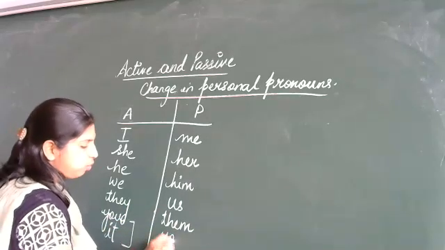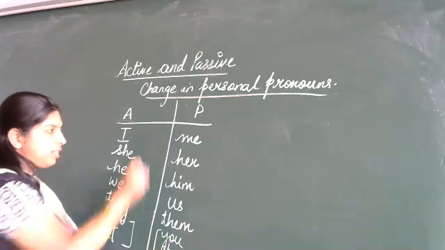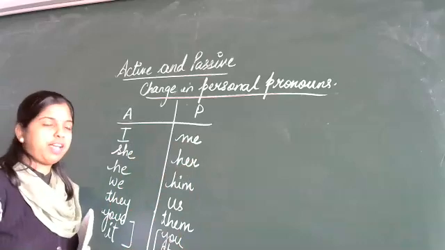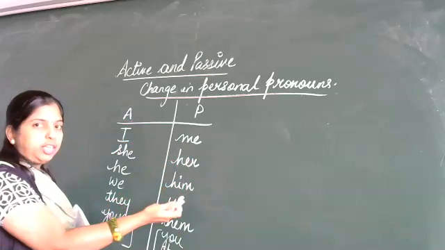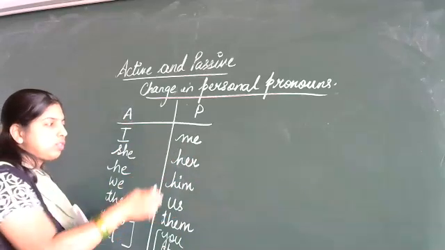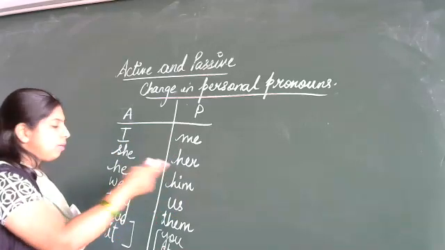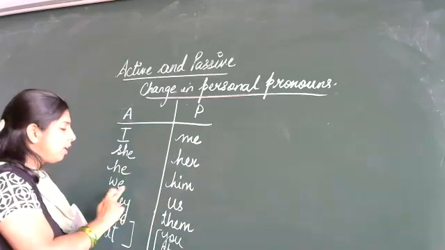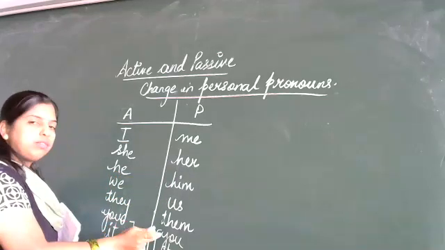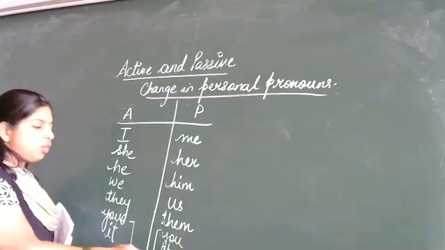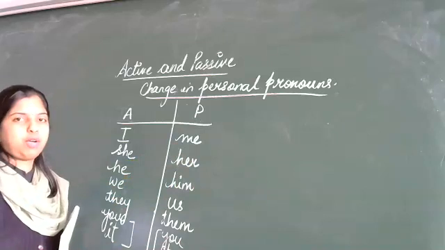You will remain you and it will remain it only. Rest all you can see the changes. In active sentences you will find these words, but when changing into the passive sentence you have to use these words. I to me, she to her, he to him, we to us, they to them, and you remains you, it remains it. So this is the change in personal pronouns.